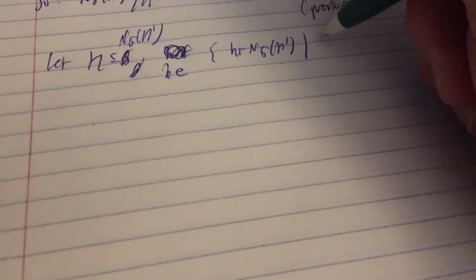So let little h in NG H prime be such that the image of h, so the class of h in NGH mod H prime, is in H tilde, right?